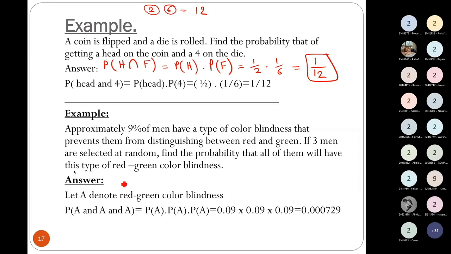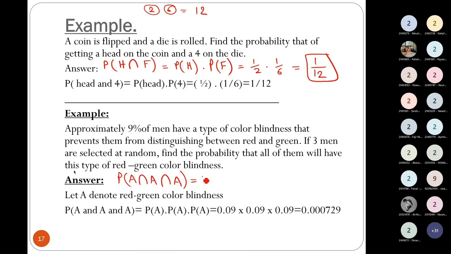The first is color blind, and the second, and the third. This is independent. Why? If we select a man and he is color blind, this has no effect on the selection of another man, the second man.